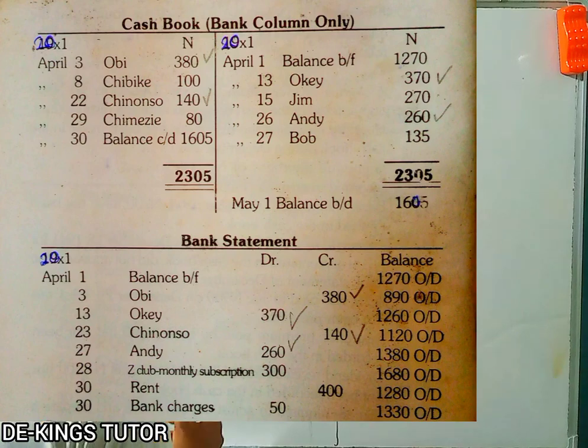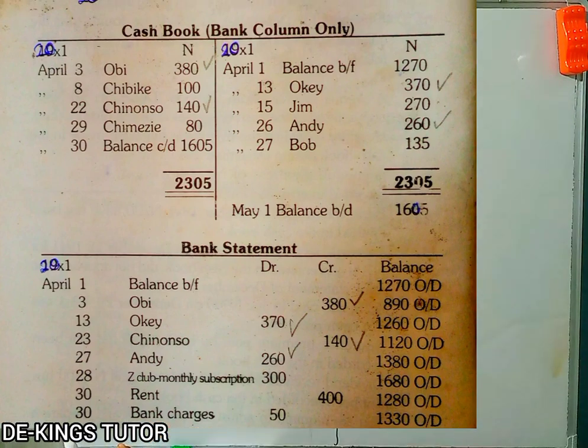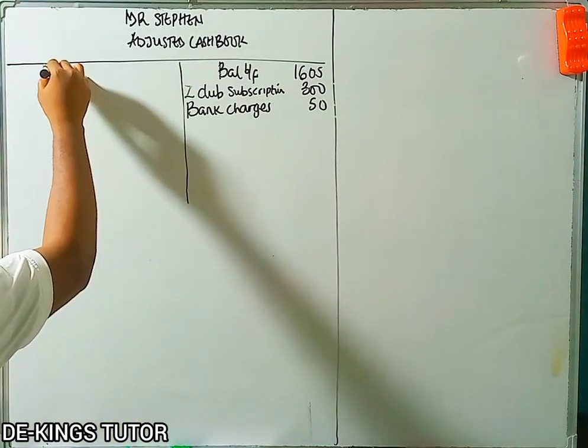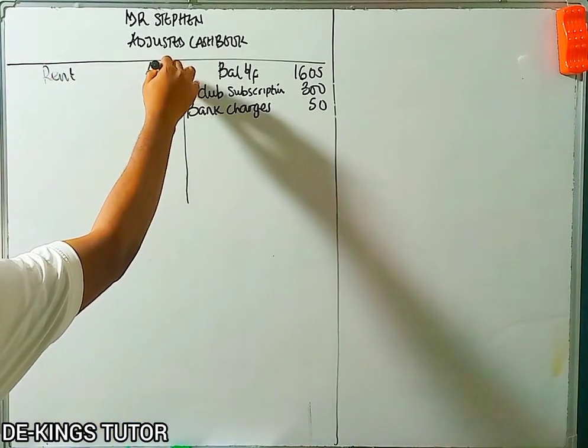You check items at the credit side of the bank statement not on the debit side. 380 Obi is there, 380. 140 Chinonso is there at the debit side also. Then rent, 400, is not there. So we're going to put rent here as 400.